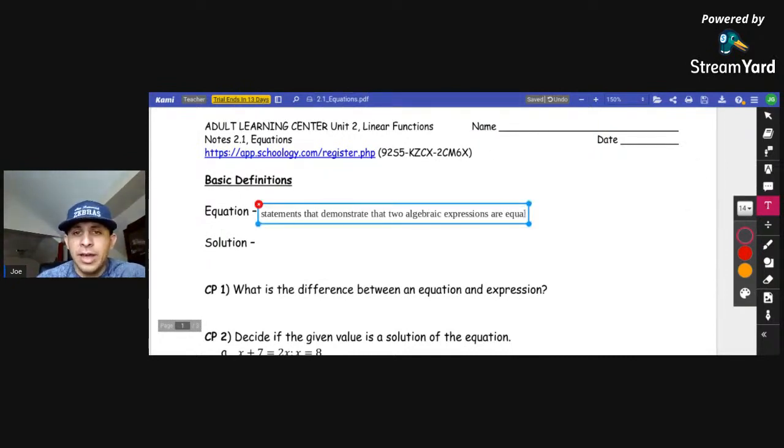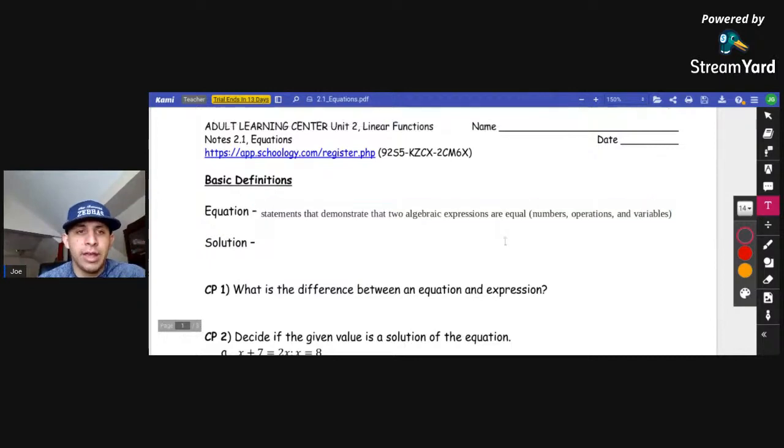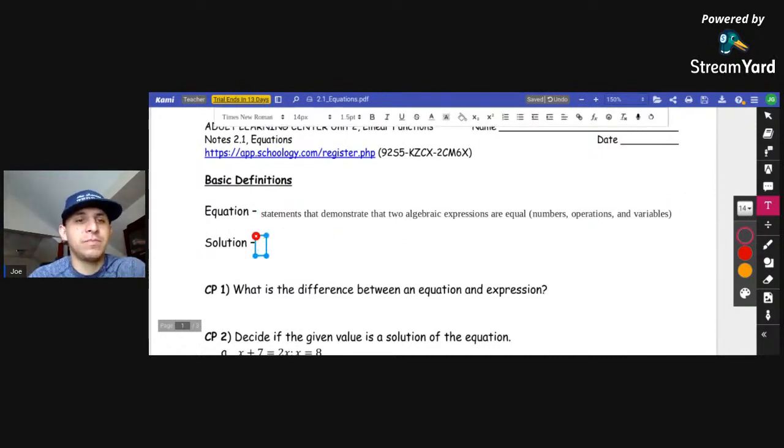And I should add as well that equations involve the use of numbers, operations, and variables. And if you've forgotten, operations include addition, subtraction, multiplication, and division.